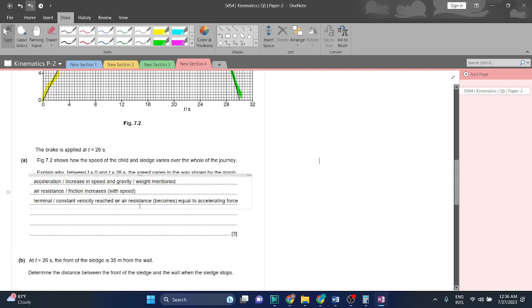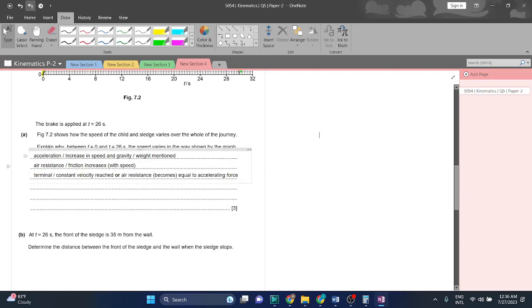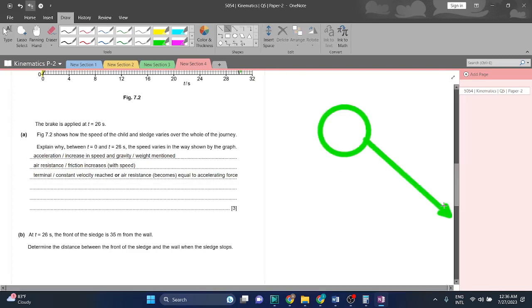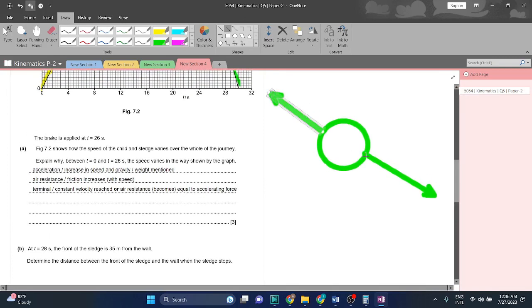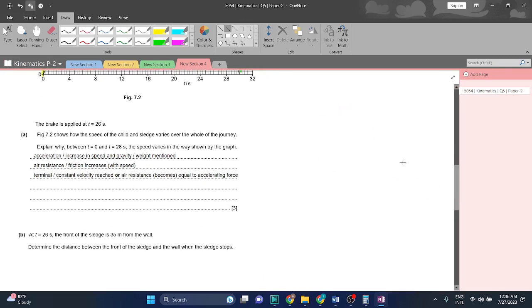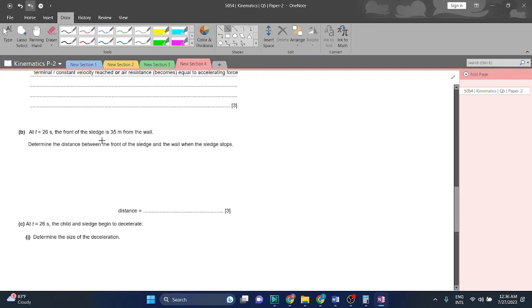Actually friction decreases with the speed, but air resistance still increases. Terminal velocity, constant velocity reached और air resistance become equal to the accelerating force. जो एक टाइम आएगा जब the force of weight will become equal to the force of air resistance. ठीक है ना? So this is the answer.